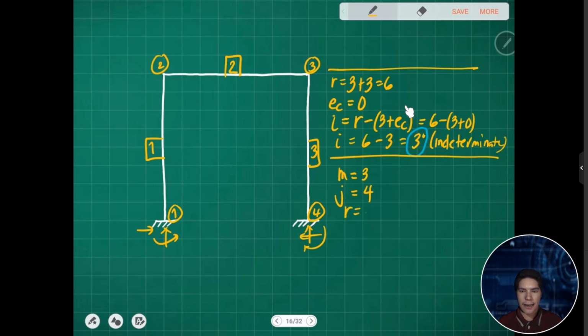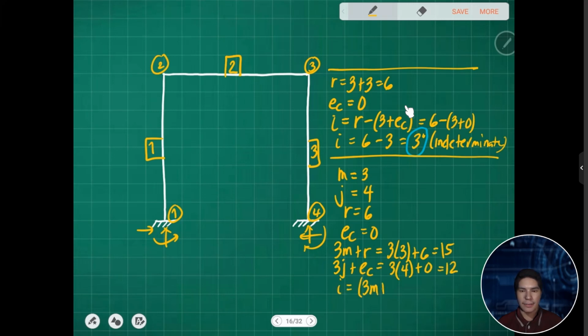The number of reactions is 6 and EC is 0. So 3m plus r and 3j plus EC. We get 3 times 3 plus 6, 9 plus 6, that is 15. And we have 3 times 4, which is 12, plus 0, so we have 12. So our I is 3m plus r minus 3j plus EC. So we get 15 minus 12, and that is 3 degrees indeterminate.